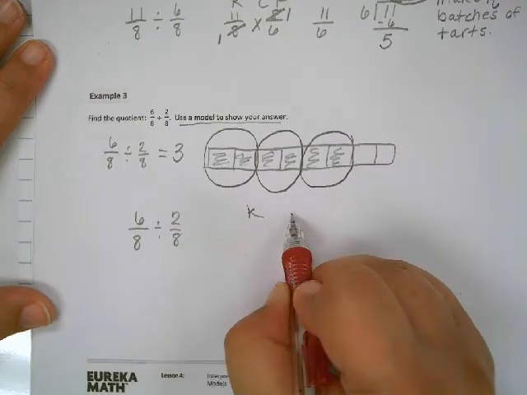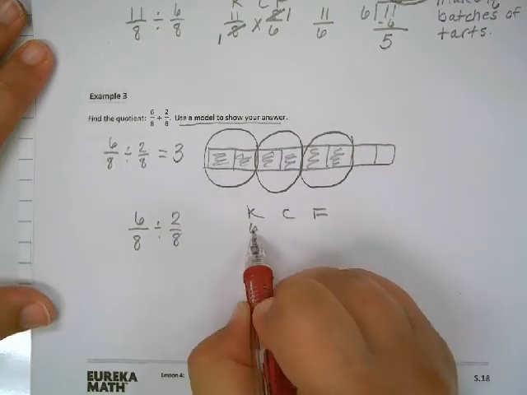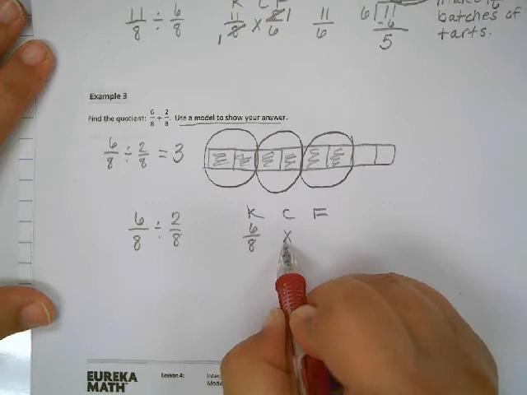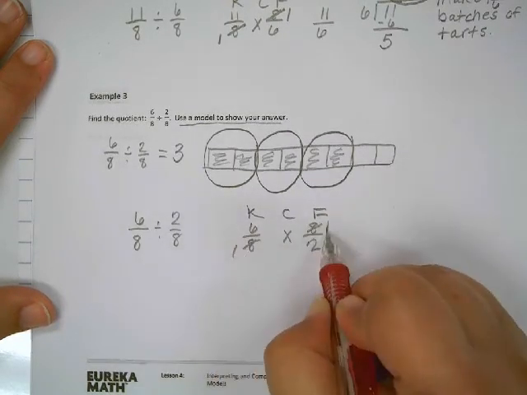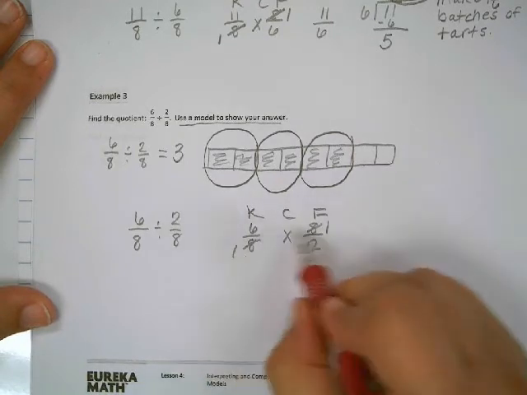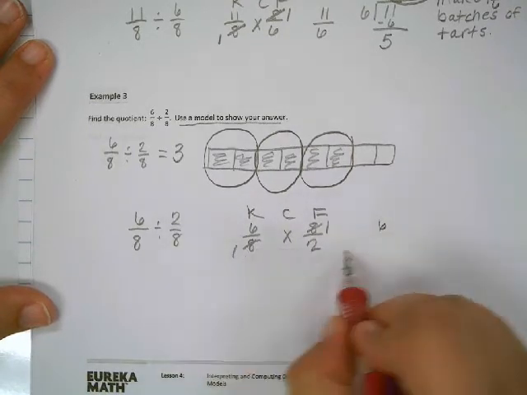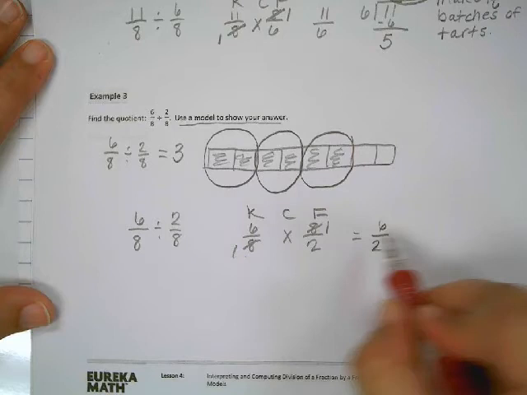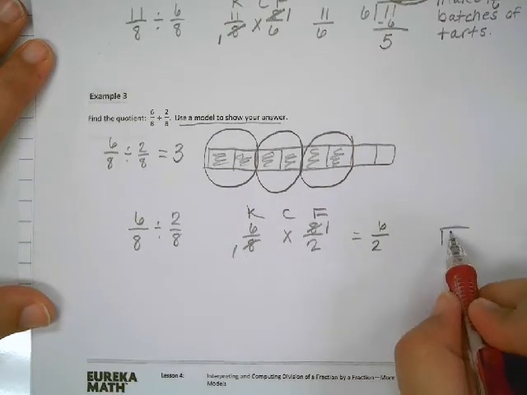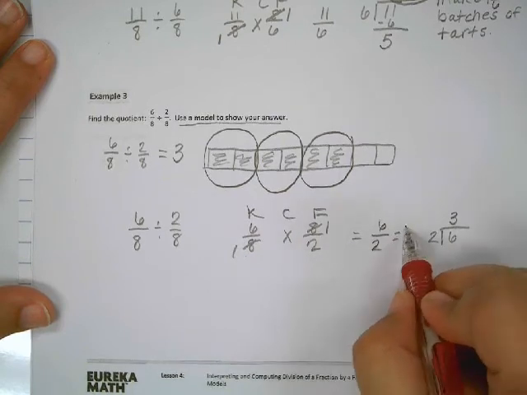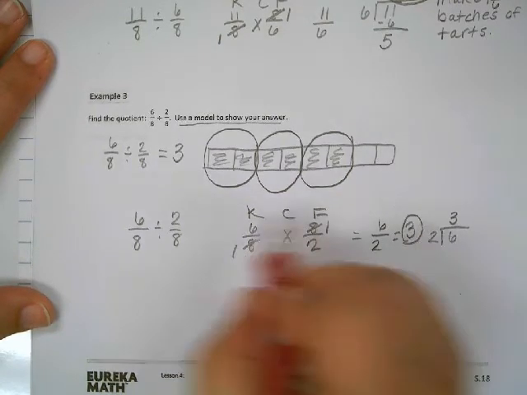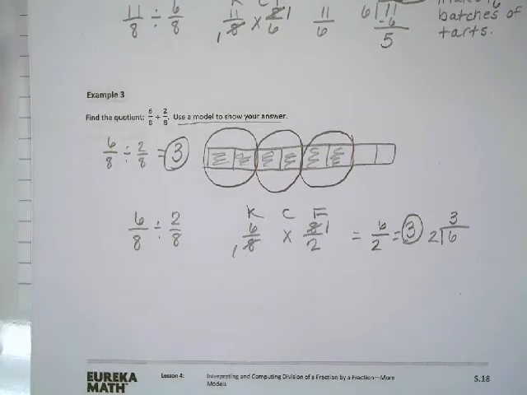I'm going to do my keep change flip. 6/8 multiplied by 8/2. Cross cancel. So 6 times 1 is 6. 1 times 2 is 2. Now I have an improper fraction, so I divide 6 divided by 2, which gives me 3. So again, you can see that my answers both match.